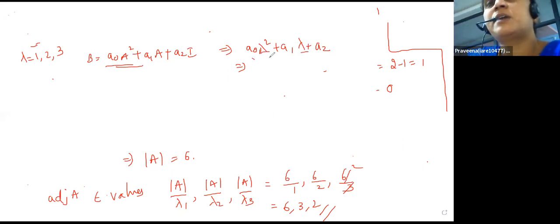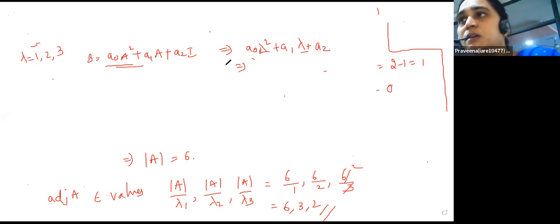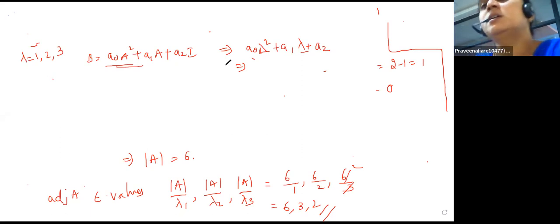Substituting lambda as 1, we get one polynomial value. Next, substituting lambda as 2, we get one more value, which is another eigenvalue of the polynomial B. And if lambda is 3, substituting again, we get the third value. These three are the eigenvalues for the polynomial form B equal to a0 A squared plus a1 A plus a2 I. Okay, these are the concepts in the second unit.